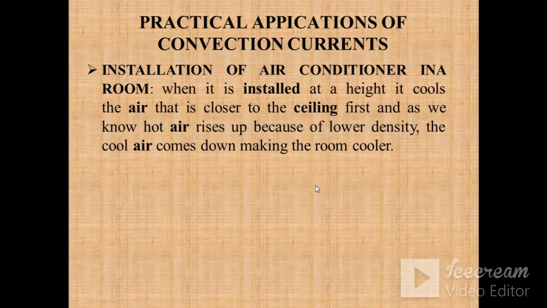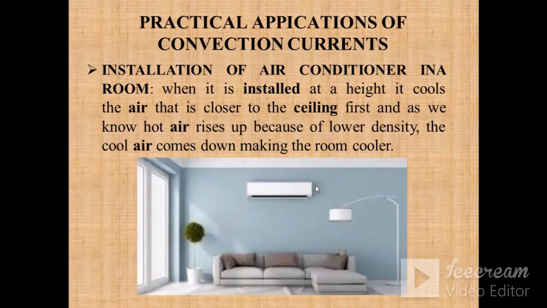Next is installation of an air conditioner in a room. You must have noticed the air conditioner is always installed at a certain height, that is, near the ceiling. Now what is the reason? When it is installed at a height, it cools the air that is closer to the ceiling first.